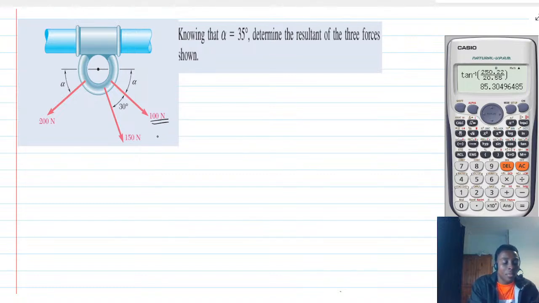So let's start with this 100 Newton force.